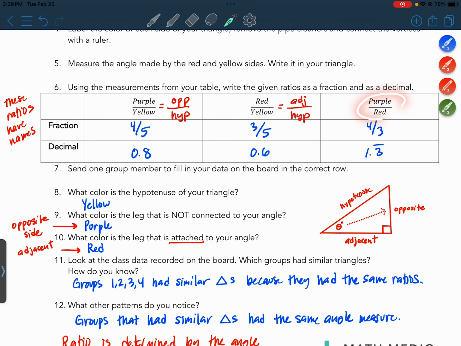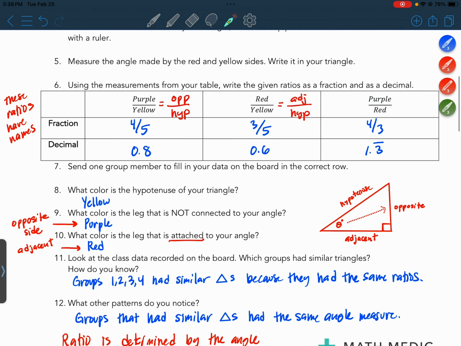And then finally, the purple to red ratio, that's going to be the opposite to adjacent ratio. So we're just redefining the ratios now using our new labels instead of the colors.